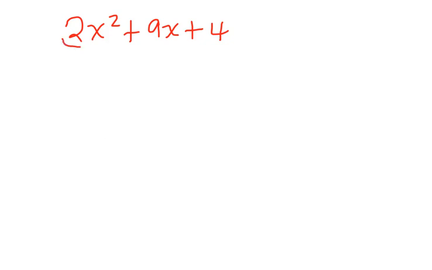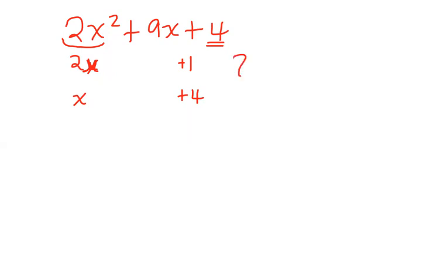First of all, I'll look for expressions that when I multiply them, they'll give me 2x squared. I know that 2x and x will work because 2x times x is 2x squared. For the numbers, I can have positive 1 and positive 4, because I know 1 times 4 gives me a positive 4.